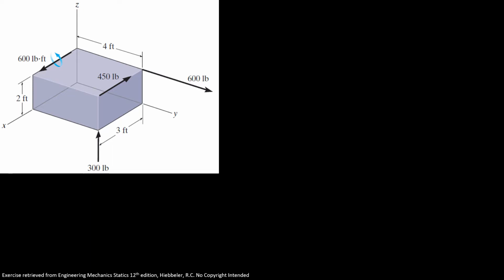Now we're gonna find the moments that our forces do in our block. So we're gonna use basically our moment equation, that is the cross product between the distance vector and the force. To recall, our force 1 is minus 450 I pounds, and then I'm gonna find the vector distance 1.